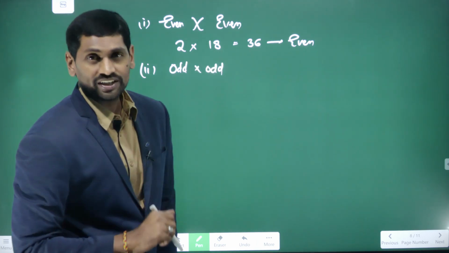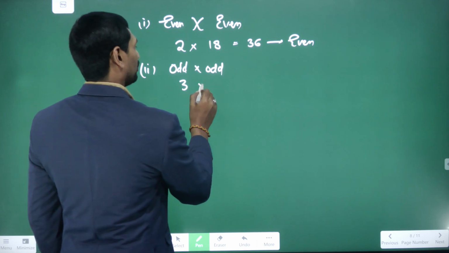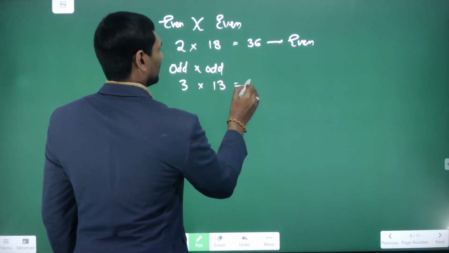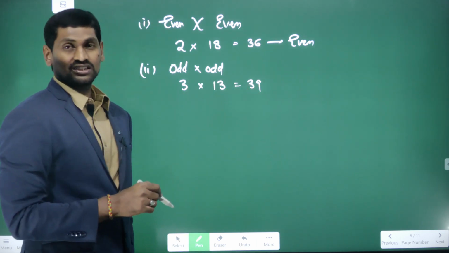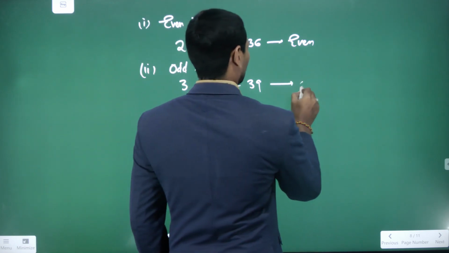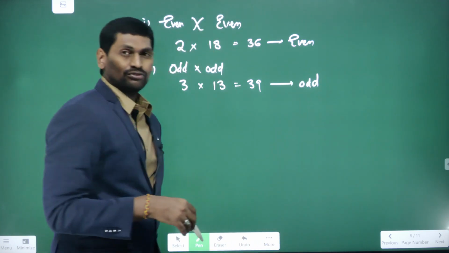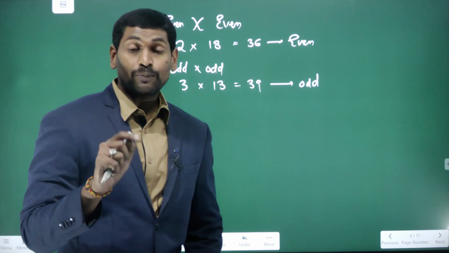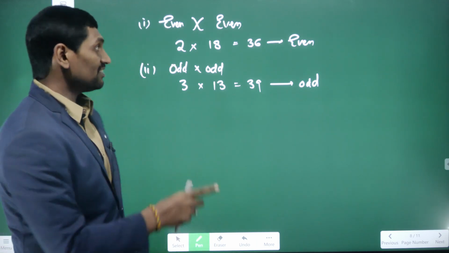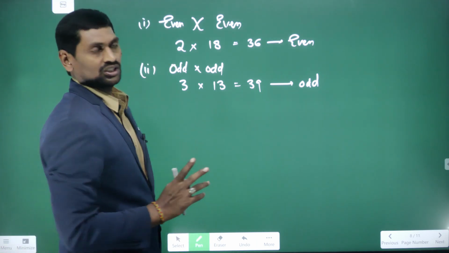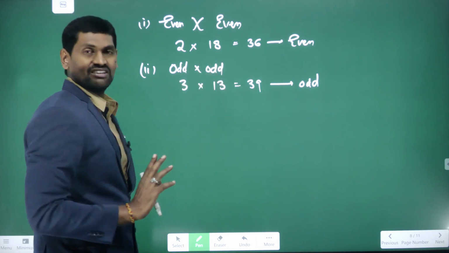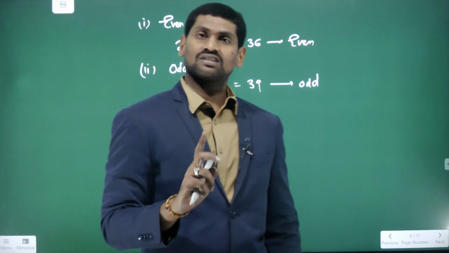Take any two odd numbers, 3 into 13. 3 13s are 39. 39 is an odd number. Product of two even numbers is even, but product of two odd numbers is odd. Even numbers multiplication gives even, odd numbers multiplication gives odd.